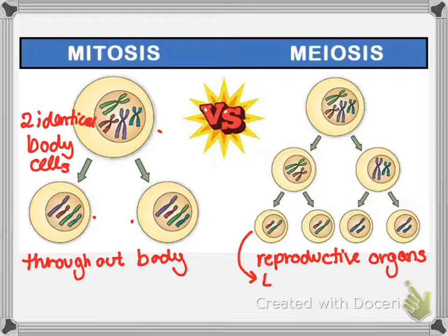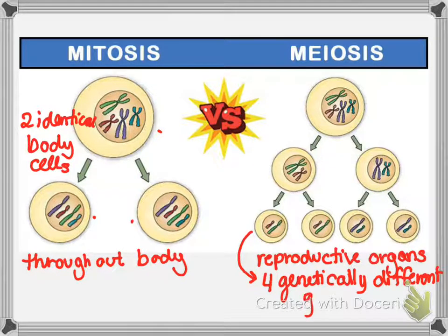We're going to make 4 cells, and they're going to be 4 genetically different cells. And the specific cells are gametes. So they're eggs and sperm that are going to be used for sexual reproduction.